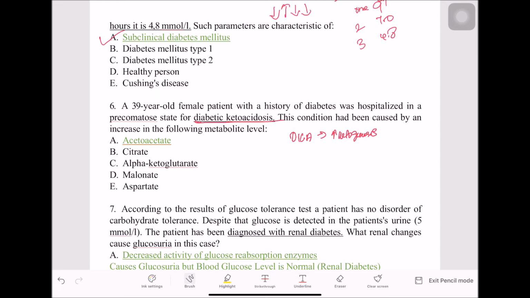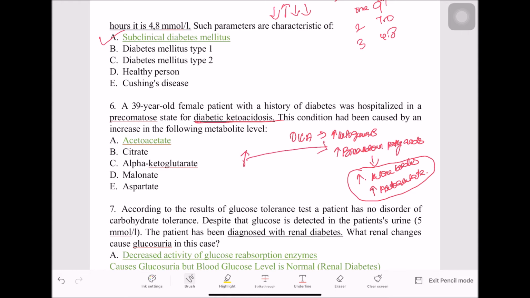That is, there will be increased breakdown of fat and fatty acids from the adipose tissue, which leads to an increased level of ketone bodies and increased acetoacetate in the blood.